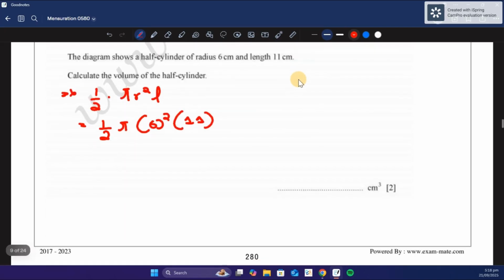This would give us 198 pi, which is equal to 622. Perfect.